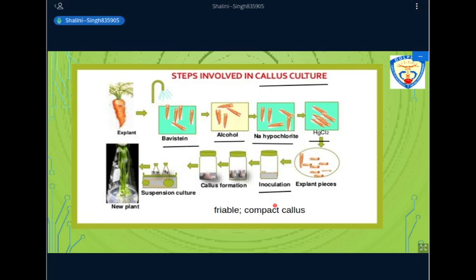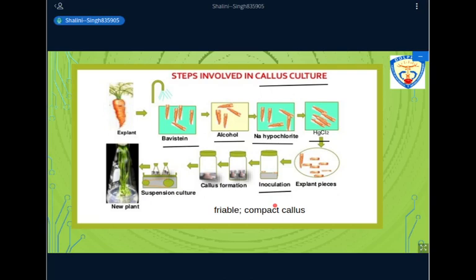But in the case of compact callus, the cells are joined with each other. They are very compactly packed. It is not easy to separate such cells. The second categorization of callus can be done depending upon the color. If you are keeping your callus in dark conditions, then it will be white or pale in color.